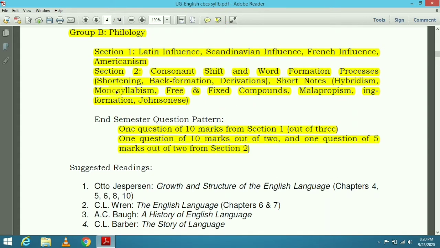Here you have to attend one question of 10 marks out of 2, and there will also be 2 questions of 5 marks, but out of those you have to attend only one.